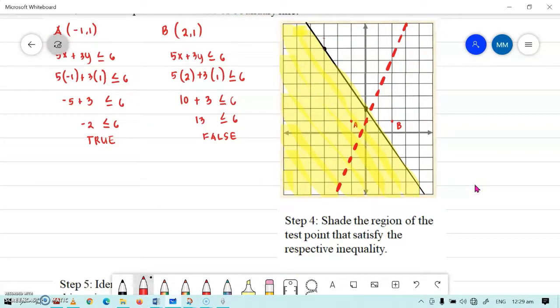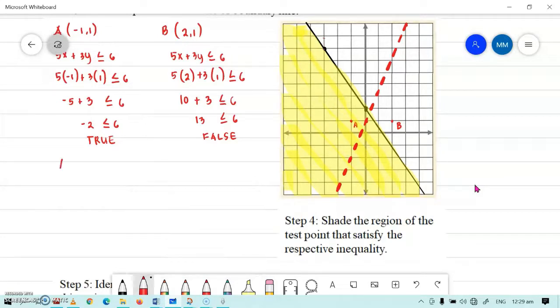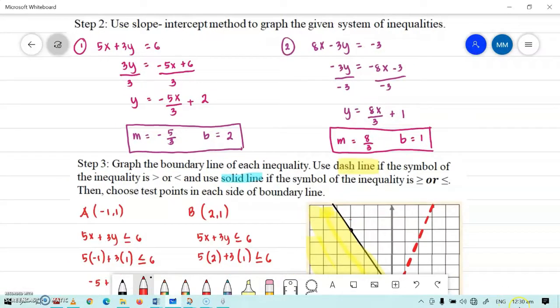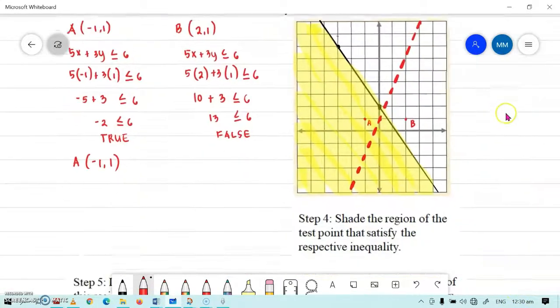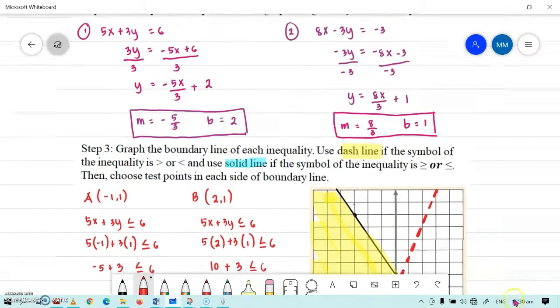Having test point A, test point A is at -1 and 1. And our second inequality is 8x minus 3y is greater than -3.